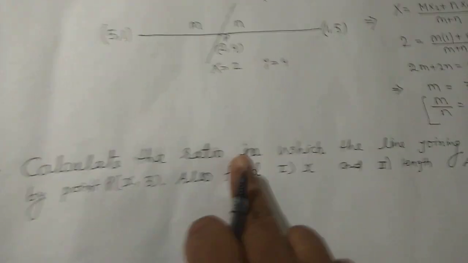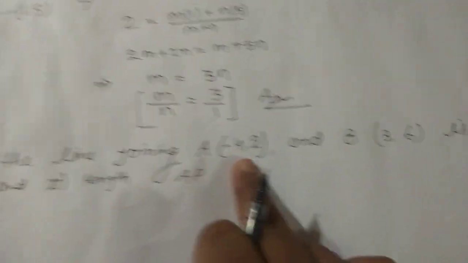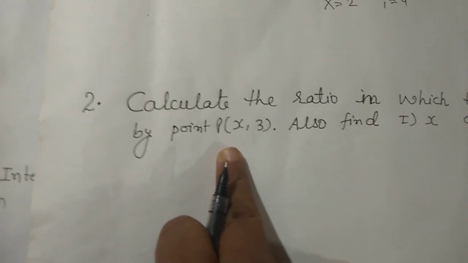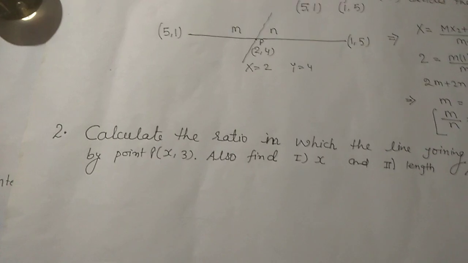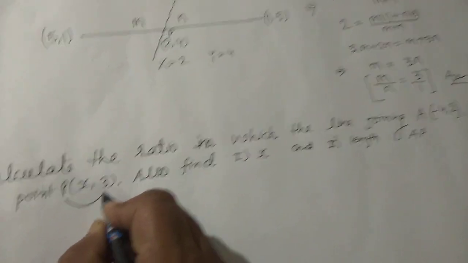Suppose the second question: calculate the ratio in which the line joining these two points is divided by the point. Now you check here: the x value is a variable. When the variable is given, always take the ratio as k:1. This is the basic thing.